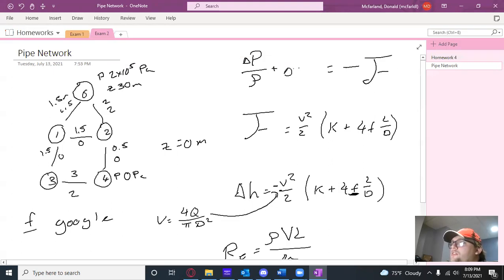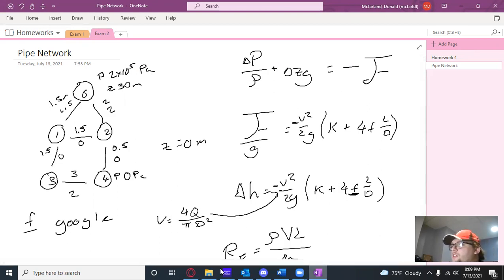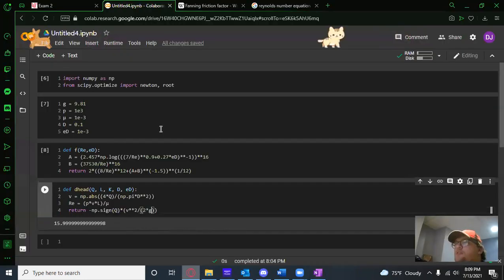It is the change in z multiplied by gravity. So the entire equation on this side is divided by g, so we get frictional heating over g, and this is our delta head. So go down here. So that's where our 2g comes from. I just got to put it in at first.